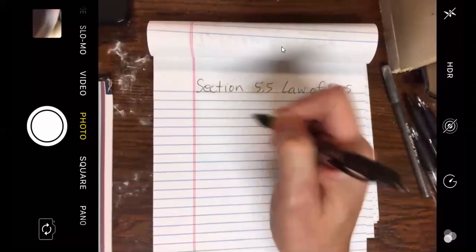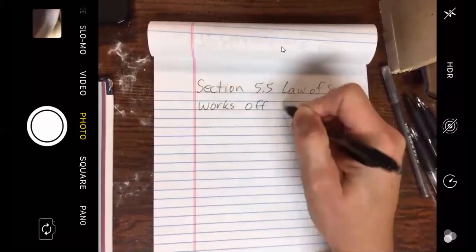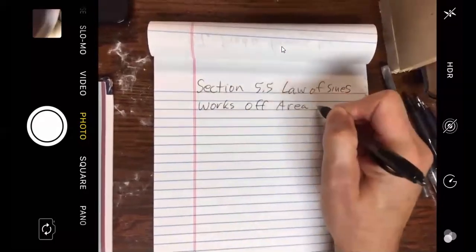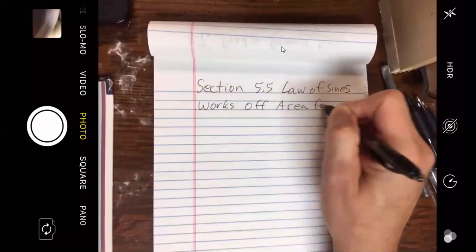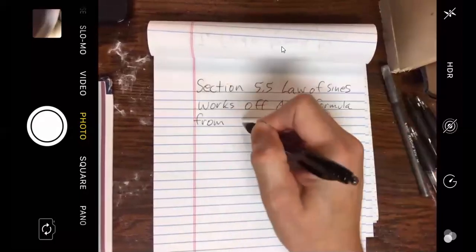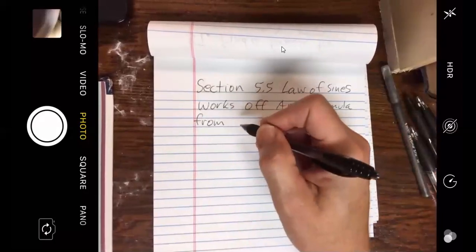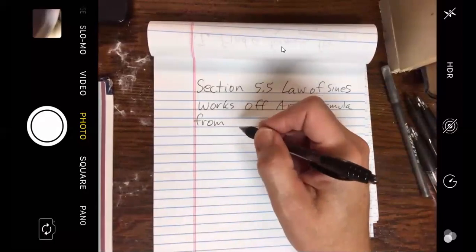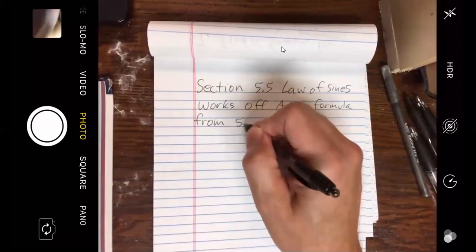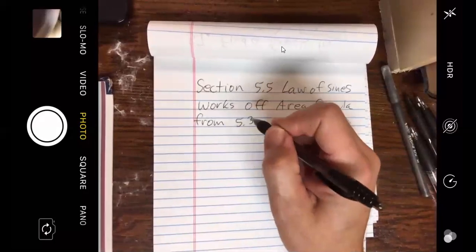It works off the area formula from, I think it was 5.2 maybe, or maybe 5.3. Yeah, right here. We showed you this.